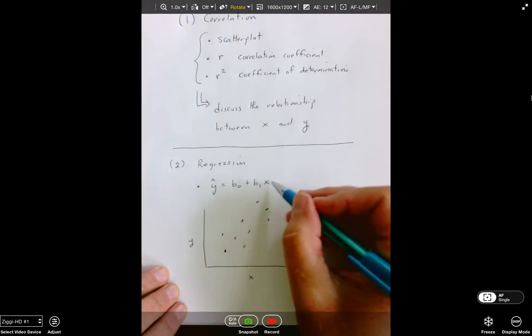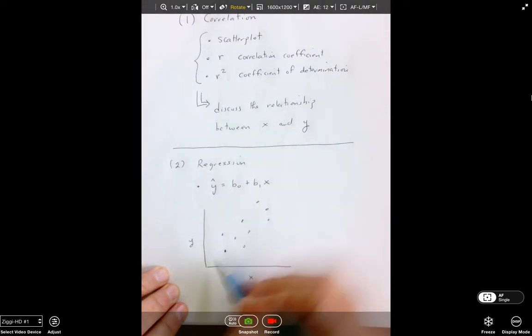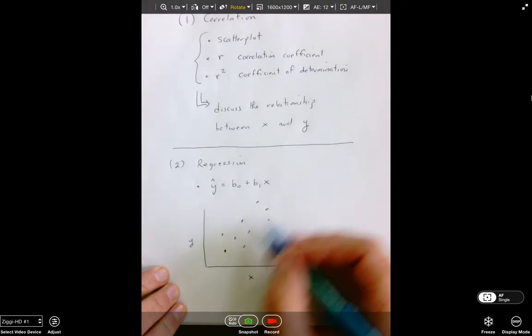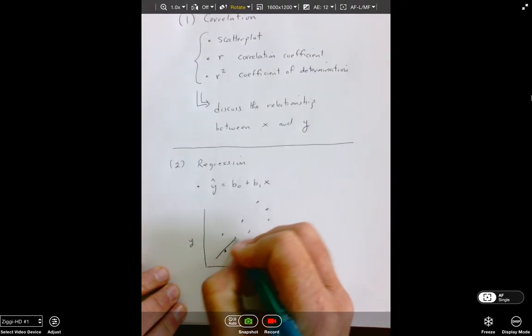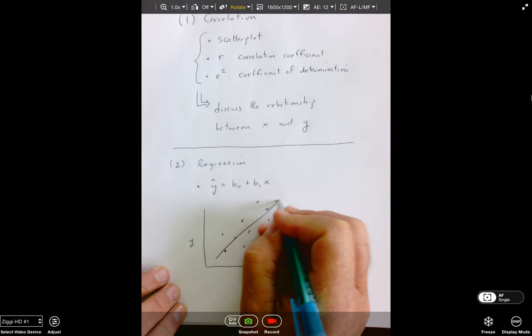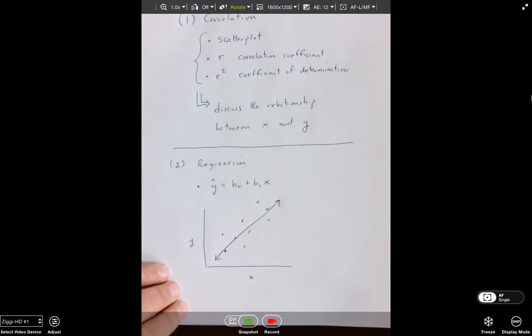We want to build the line, which we call the line of best fit, because it's the line that best fits our data. We want to find the equation of the line that goes right down the central focus of our data that could be used for prediction.